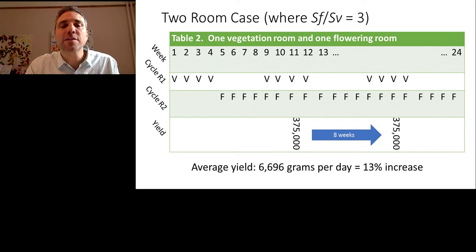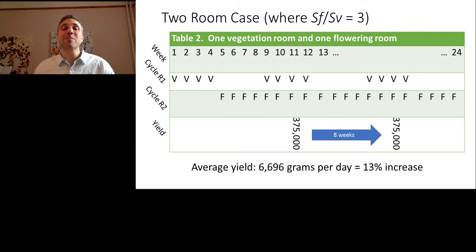Now it's only 375,000. But what happens is after the first harvest, the harvest cycle reduces from 12 weeks to 8 weeks, right? Because after we move the plants from veg to flowering, we can immediately start another veg cycle while these plants are in the flowering room.